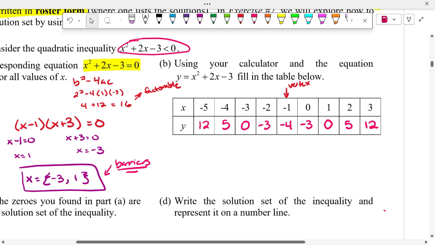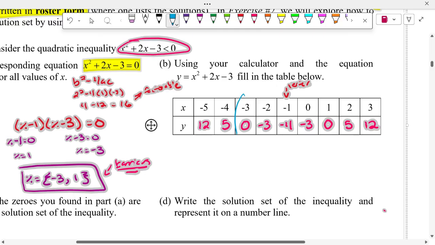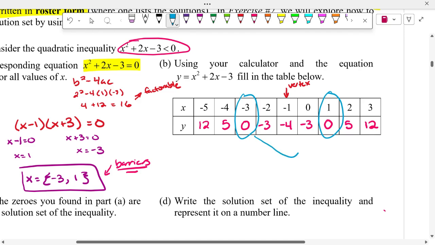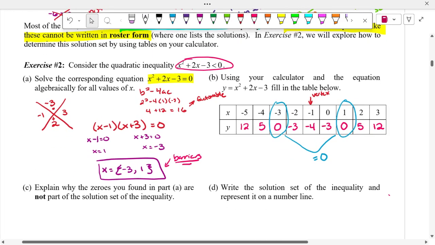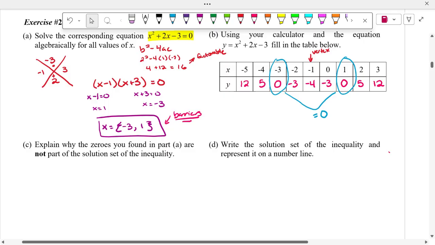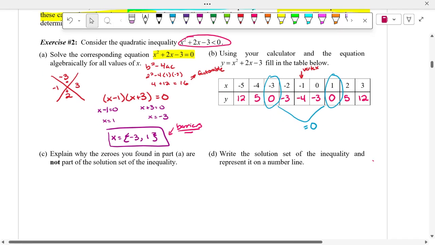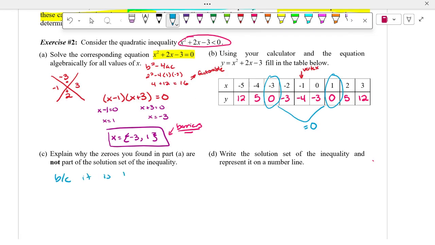So these are my solutions, where it's equal to 0. Now, why are the zeros in this case not part of the solution set? Right, it says less than 0, not less than or equal to 0.